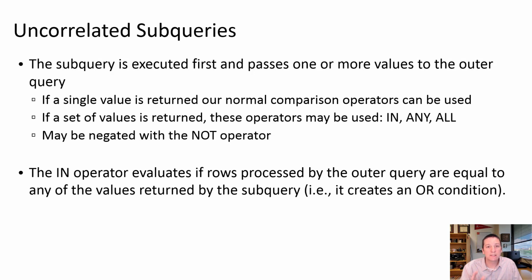So if there's only a single value returned by this inner query, we can use our normal comparison operators like greater than, less than, equal to, greater than or equal to, things like that. And if a set of values is returned, we use operators like in, any, and all.